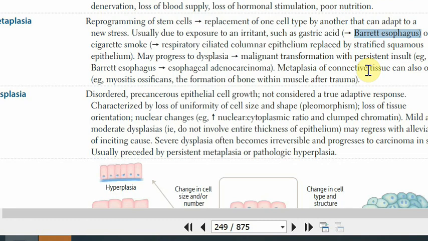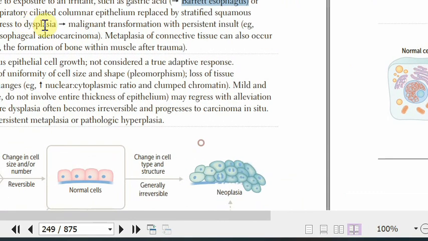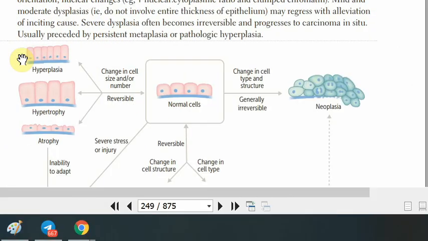But this is dangerous. Why? Because if this stress on the cells keeps up for a long period of time, cellular adaptation will fail, and you will have an irreversible type of injury. So it might progress to dysplasia, and what does dysplasia mean? We'll speak about it more deeply.